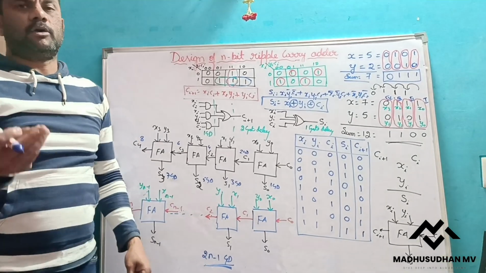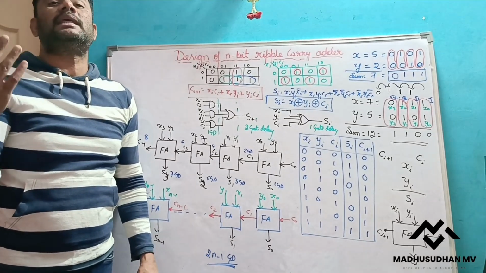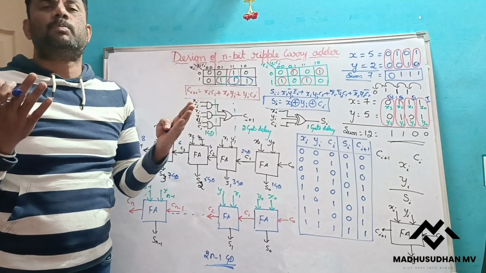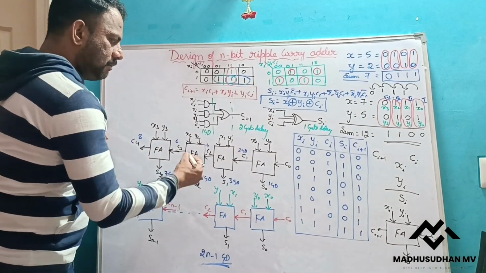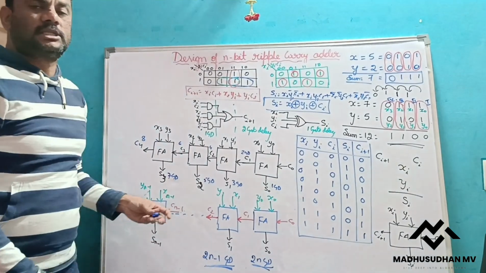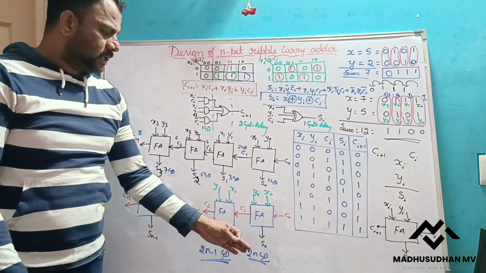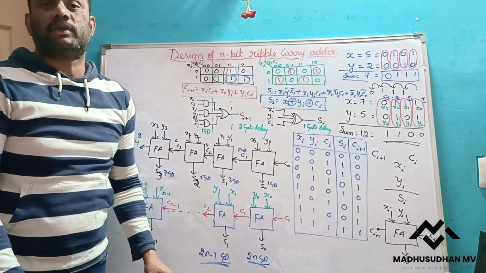Suppose 1 gate delay takes 2 nanoseconds, 63 means 126 nanoseconds. That means it is waiting. Not only the sum bit, the carry will take 2n gate delays for n bits, so 64 into 2 is 128 nanoseconds.